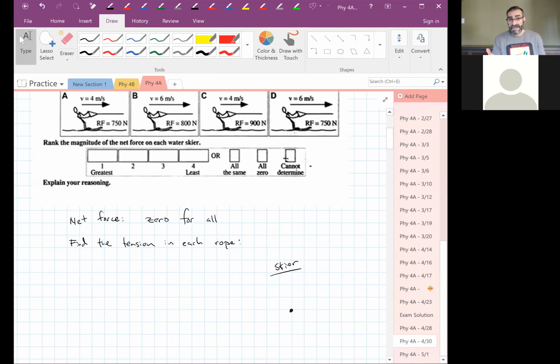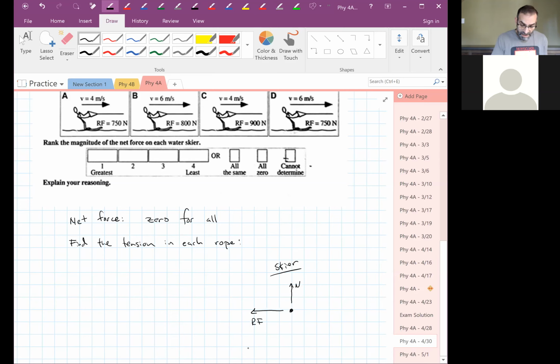The water is touching the skier. That's interacting two ways, right? Through a normal force and through a resistive force. They're calling it RF. Drag with the water, kind of like friction, but we'll call it RF, resistive force.